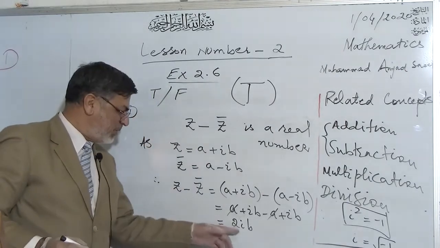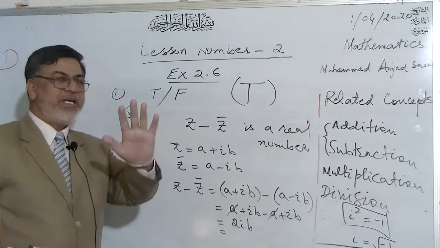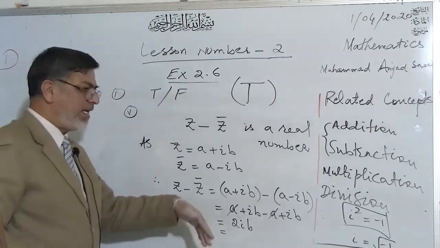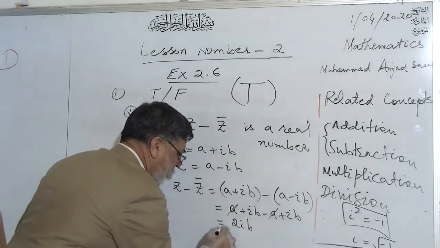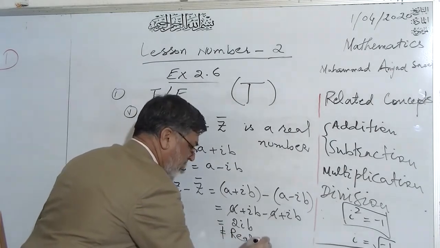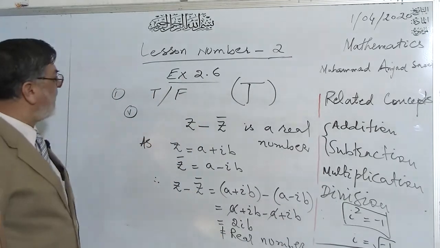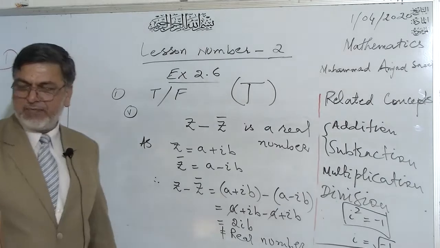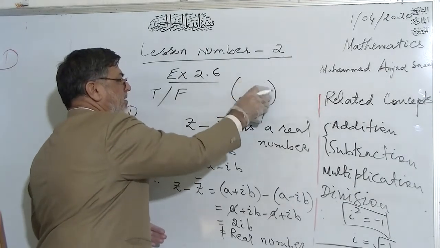My dear students, that term which includes iota is always an imaginary part. It is always an imaginary number. So that's why this is not equal to a real number. Hence, the solution of that is false.